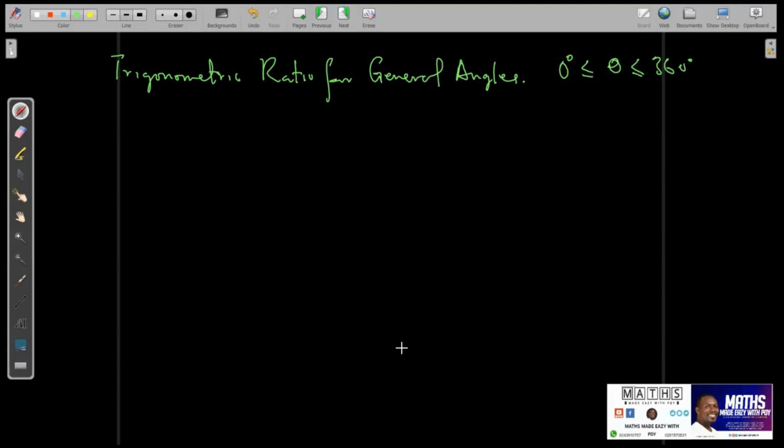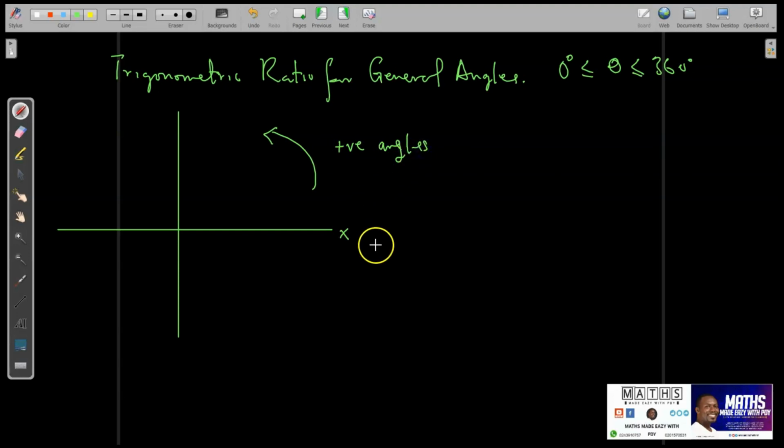To make it easier for your understanding, when it comes to trigonometric ratios, trig angles are measured from the positive x-axis in the anti-clockwise direction, and that gives you positive angles.